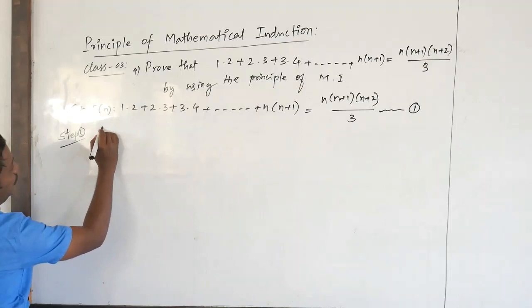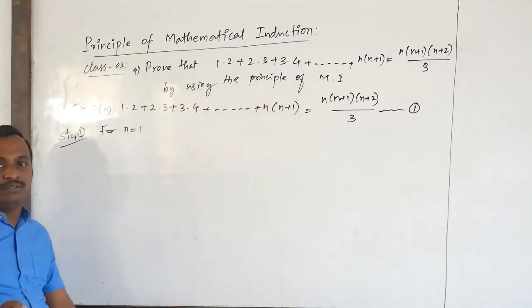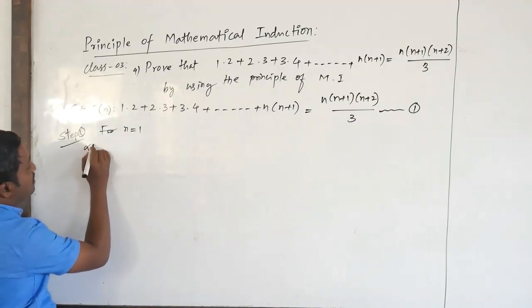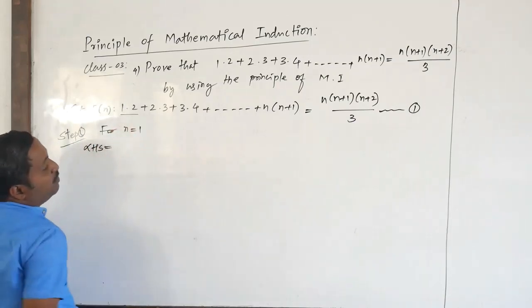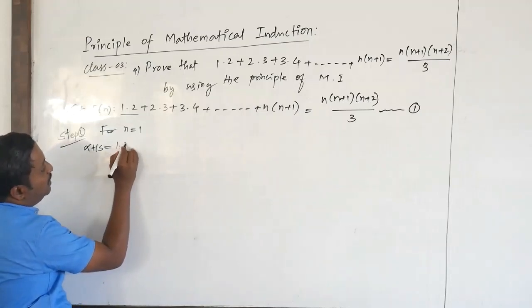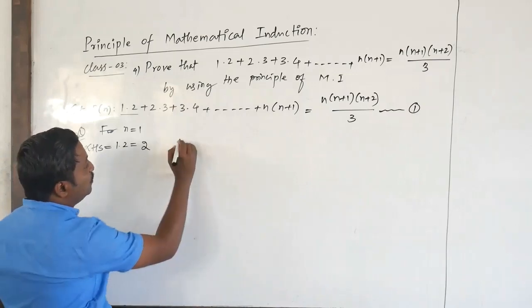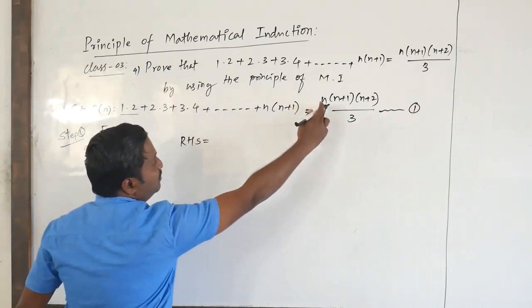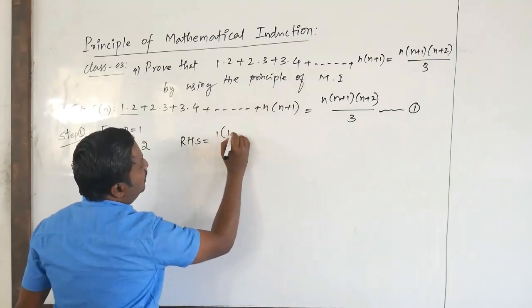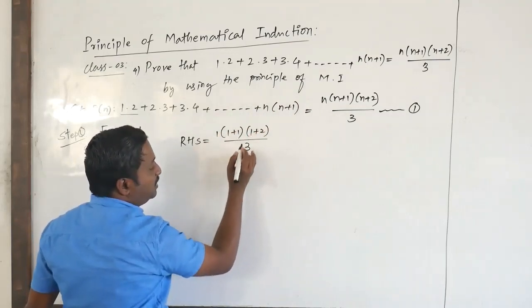Step 1, you know already. We have to show it is true for n equal to 1. So for n equal to 1, take down the LHS. What is the LHS? For n equal to 1 it is just the first term, 1 into 2, which is equal to 2. Now substitute n equal to 1 in the RHS: 1 into (1 plus 1) into (1 plus 2) by 3.